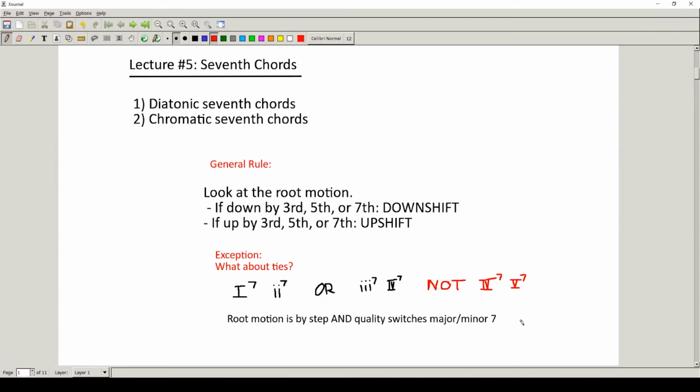It'll just follow the regular rule. So because that's a step up, this should be a downshift. So it's specifically just these two qualities of 7th chords where we're going to find ties, at least while we're working within a single key.